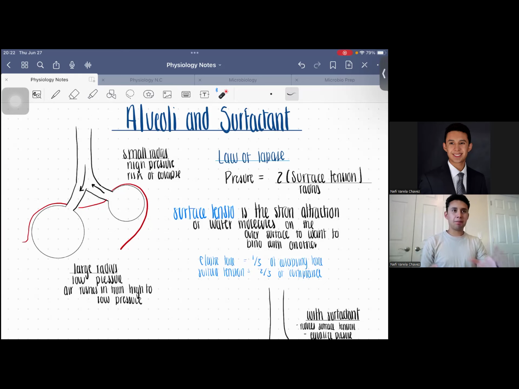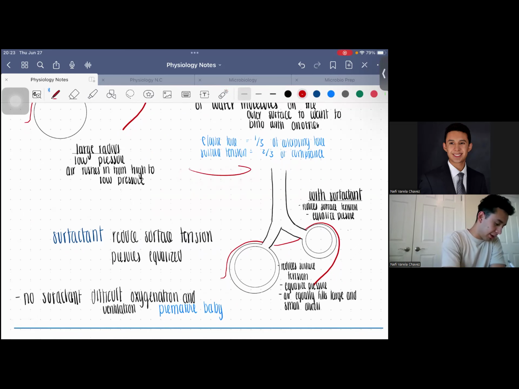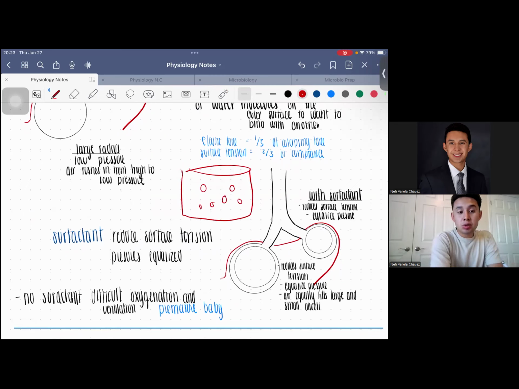Imagine we have a tank of oxygen, right? And then I'm going to draw some particles. Those are going to represent oxygen. As we decrease our volume here, those particles are going to be more tight together, right? So they're going to start pushing on each other, and we are going to create more pressure.